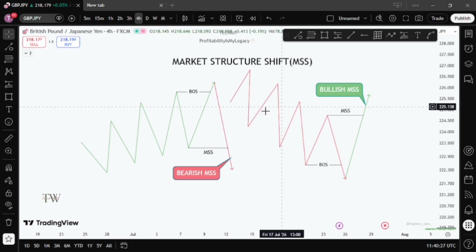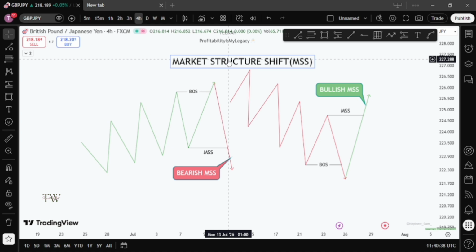A break of structure indicates trend continuation in the same direction. We are trying to compare now, while a market structure shift indicates a possible trend reversal.